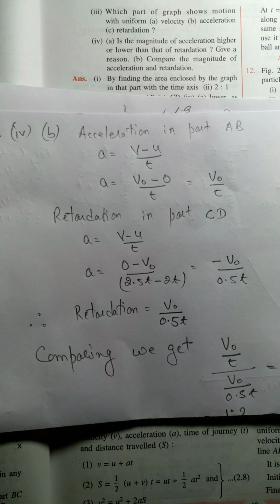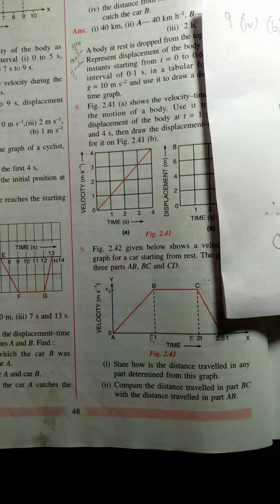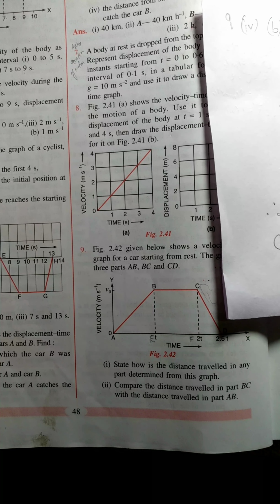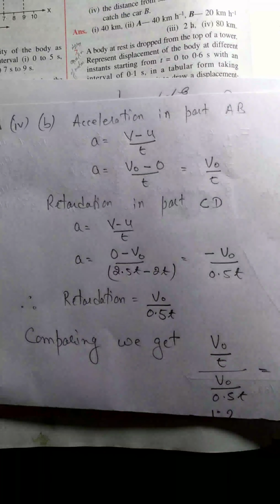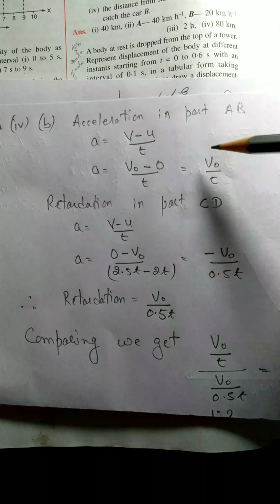So a equals v naught, the maximum value, minus u, whose value is 0 because the car originally started from rest, divided by time. In portion AB the time is from 0 to t, hence the answer will be v naught upon t.